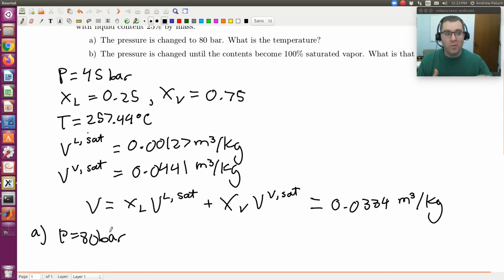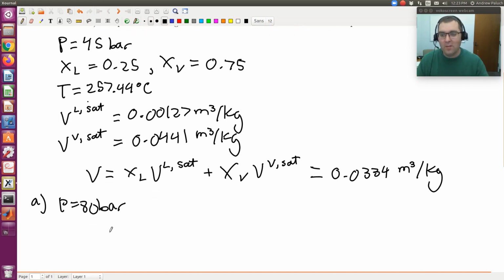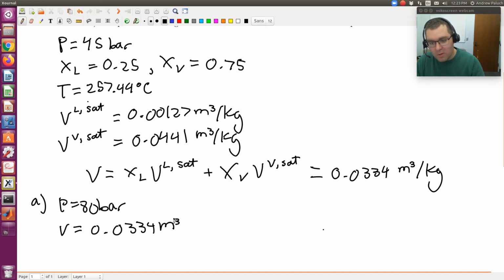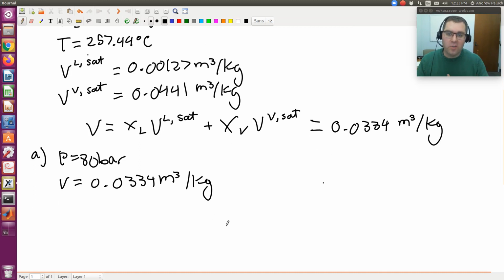What I'm going to assume is my system is rigid and fixed, so that while my pressure is changed to 80 bars, the specific volume is still 0.0334 meters cubed per kilogram. So I'm going to assume that I have some rigid tank, so that the pressure is changed to 80 bars, and the specific volume is the same.